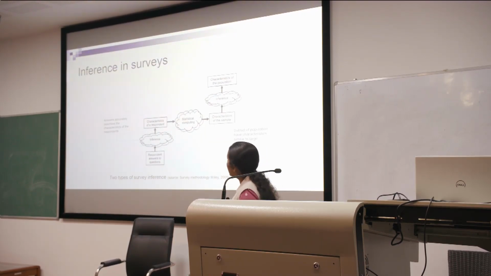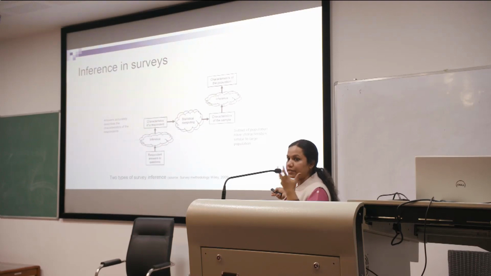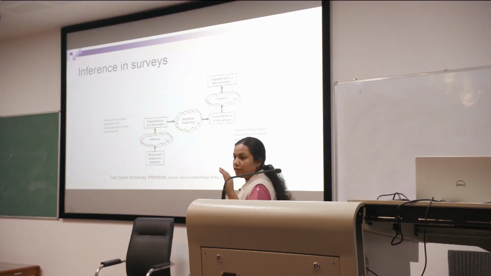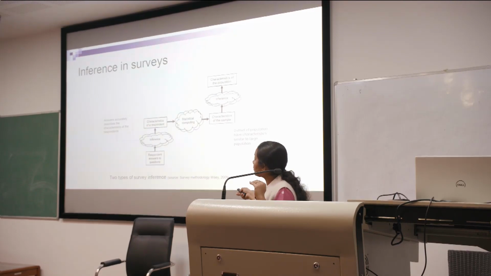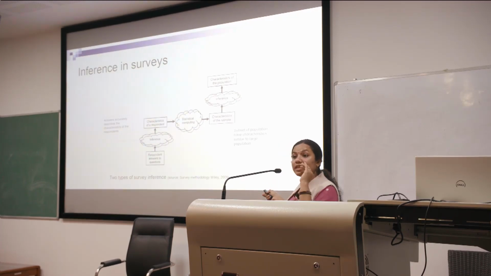They are not going to all the farmers; they are collecting only from selected farmers. The way of selection we will discuss in the sample design part, in the next slides. This will be the characteristics of a sample. Here, the characteristics of the respondent you get through this inference. After statistical computing you get the characteristics of that sample.